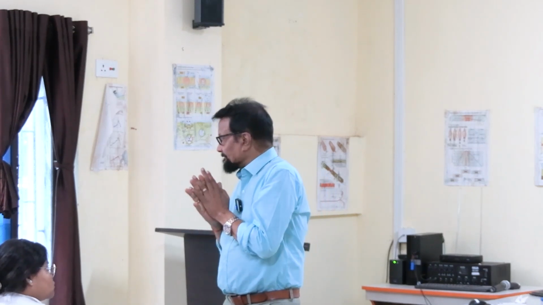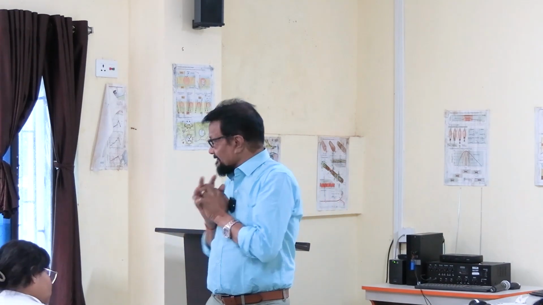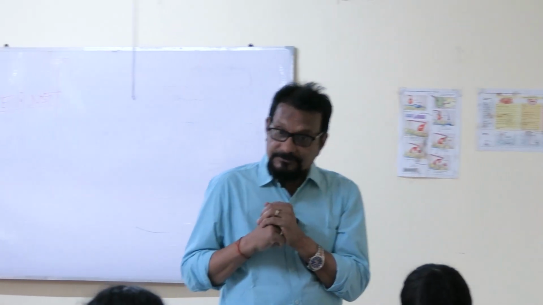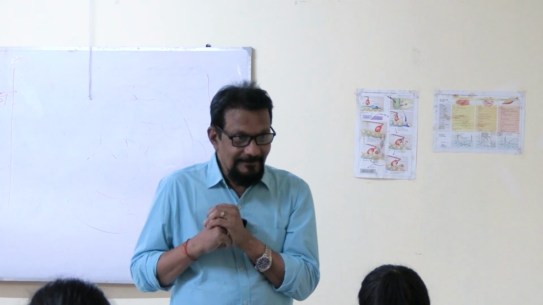Now the heart has three types of cells. One we call working cardiac muscle. Means if you stimulate them, they will respond by contraction. Another type of cells are called conductive tissue or junctional tissues of the heart.